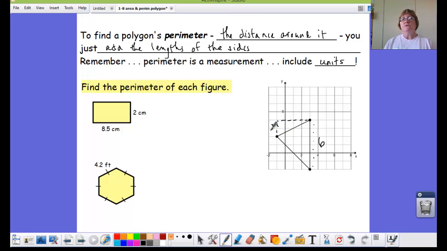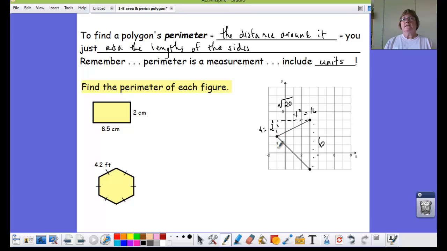This is 2, this is 1, 2, 3, 4. 4 squared is 16. 2 squared is 4. So this side is the square root of 16 plus 4, square root of 20.